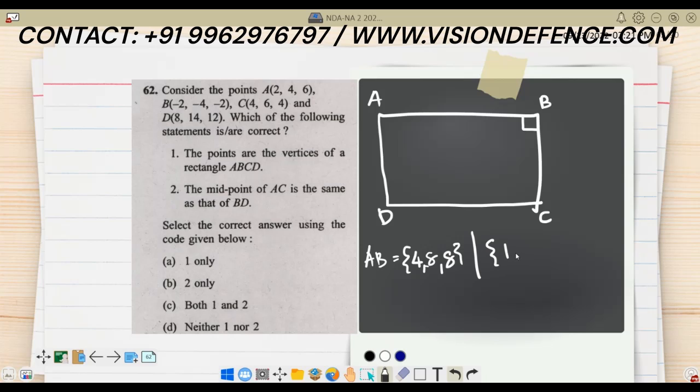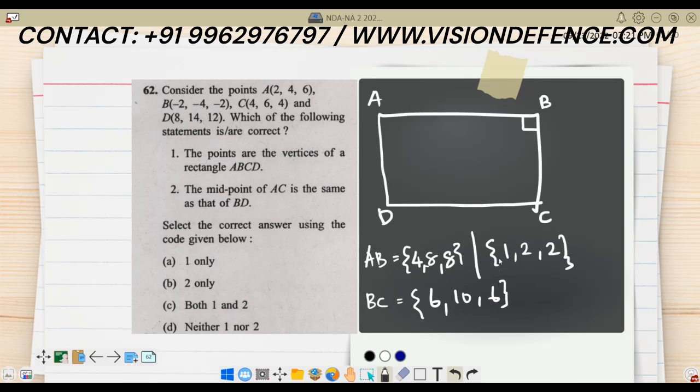So this can be simplified into 1, 2, 2. So the direction ratio of BC will be equal to 4, minus 2 minus 4. Of course we can do it both ways, it won't affect. So we'll go with this way. 4 minus of minus 2, that is 6. 6 minus of minus 4, that is 10. 4 minus of minus 2, that is again 6.